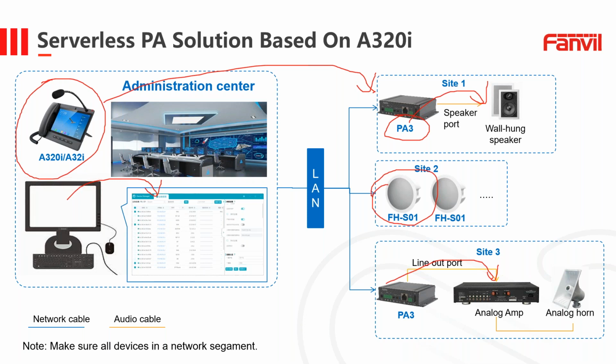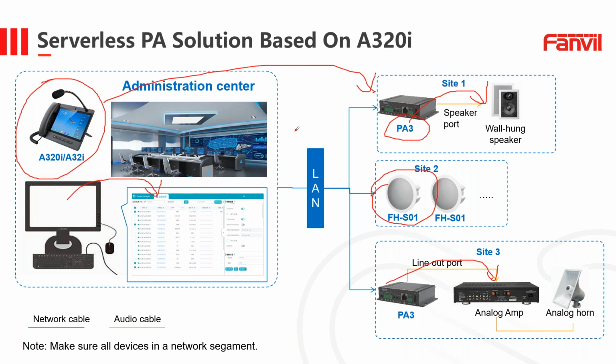So although our IP console phone can manage 50 terminals, in some projects those terminals may be more than that, but in that case you can look at what speakers they need.